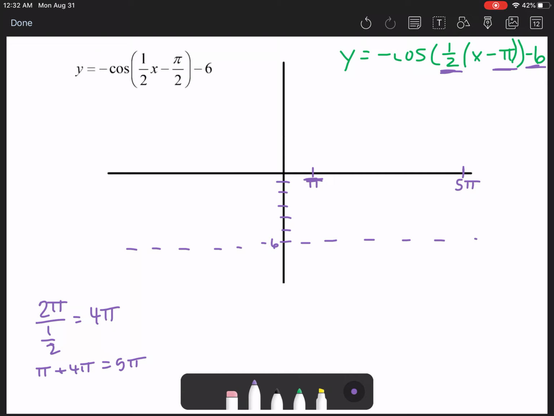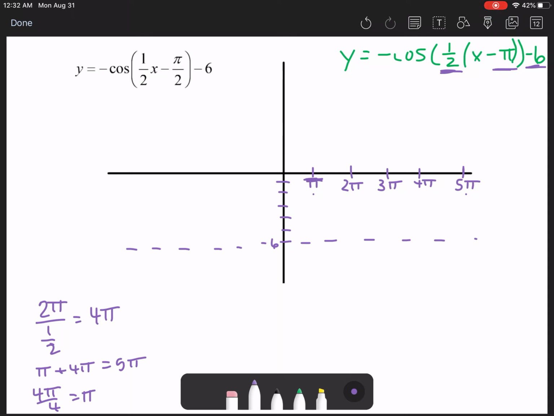We take our period of 4 pi and divide that into fourths, which is pi. So something's going to be happening every pi. So we're going to have pi, 2 pi, 3 pi, 4 pi, and then we're back to 5 pi. From start to finish is pi to 5 pi. That's an interval of 4 pi.